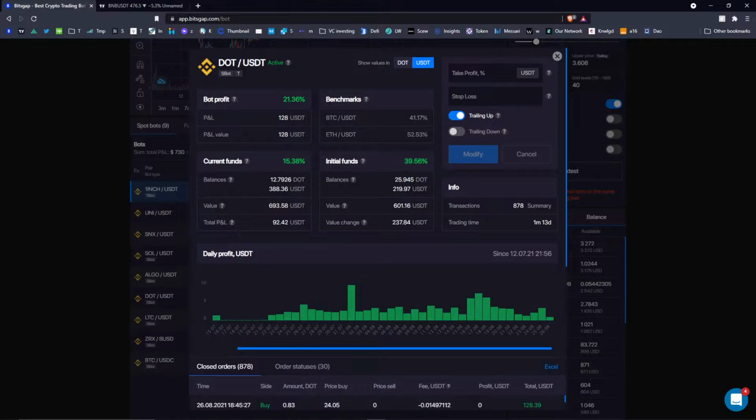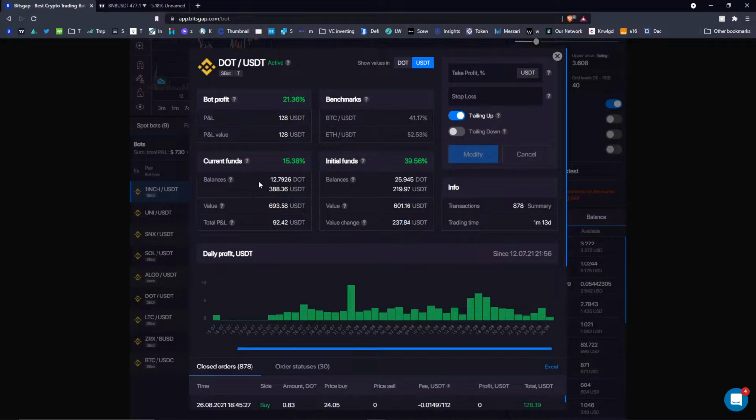So for example, for this USDT here, if I just had 25 on my balance as of the beginning of this trade, like when I launched it, if I would have this on my balance the whole time, I would make $237.